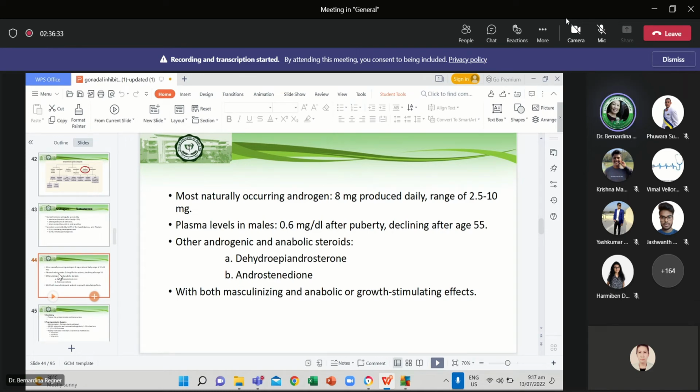Now, other androgenic and anabolic steroids are the following: dehydroepiandrosterone, and letter B, you have your androstenedione. Now, these have both masculinizing and anabolic or growth stimulating effects. Okay?